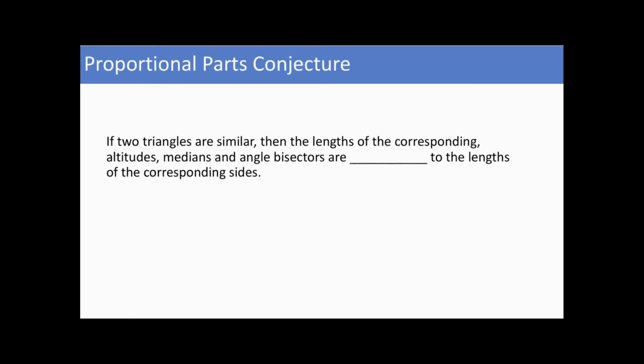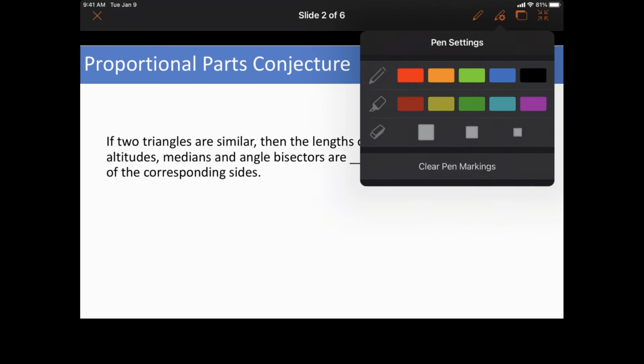So the first one is called the proportional parts conjecture. If two triangles are similar, then the lengths of the corresponding altitudes, medians, and angle bisectors are proportional to the lengths of the corresponding sides. Now, we had talked about this about perimeter. So this is also true for corresponding altitudes, medians, and angle bisectors.